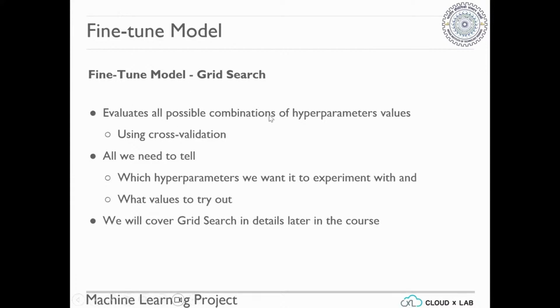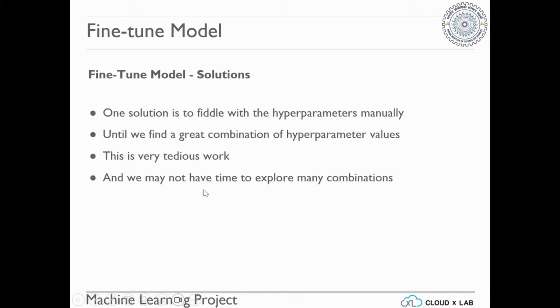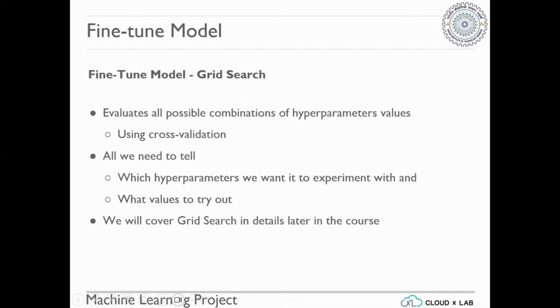So as I said, we are having several combinations of hyperparameters, and we will use cross validation to decide the optimal value of hyperparameters. That process either we can do manually, or we can use grid search to decide the optimal value of hyperparameters.